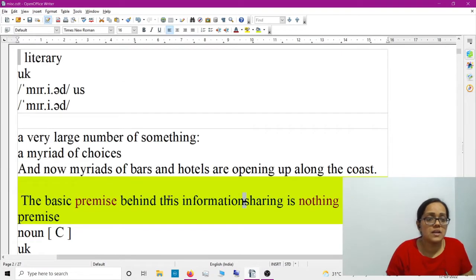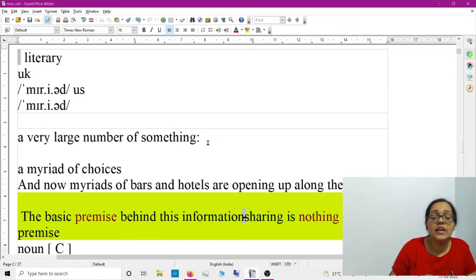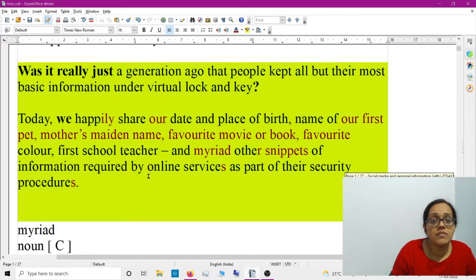Myriad means a very large number of something. A myriad of choices means a large number of choices. And now myriads of bars and hotels are opening up along the coast. Large number of. So whenever you have to talk about a large number, intentionally change that to myriad. Myriad of other snippets.